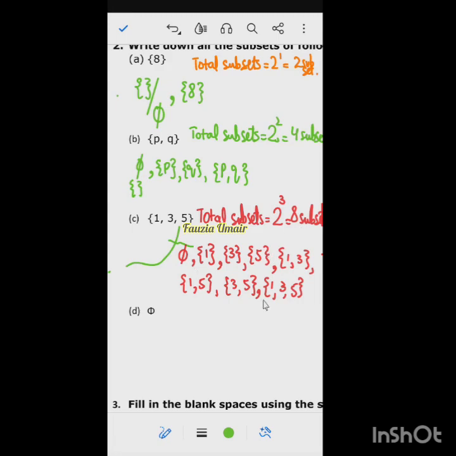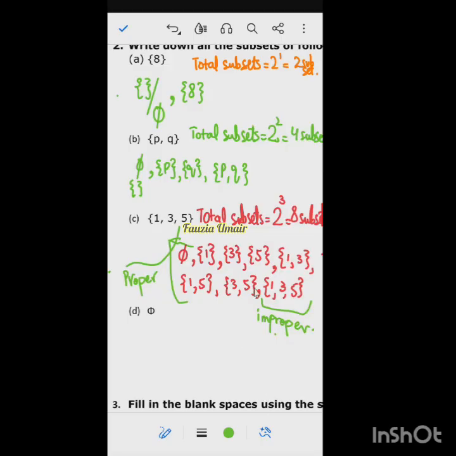So out of these 8 subsets, this is your improper subset, and the rest of the 7 are proper subsets because they are smaller sets. The one equal to the set is the same as the set itself, so it has all the properties of the set. This is called an improper subset.